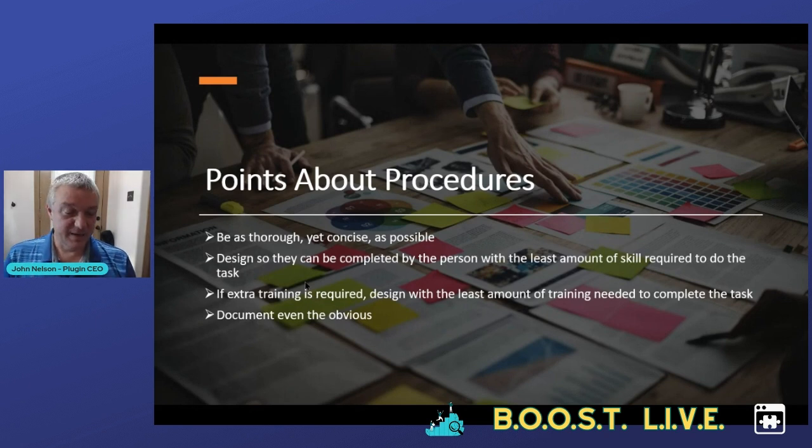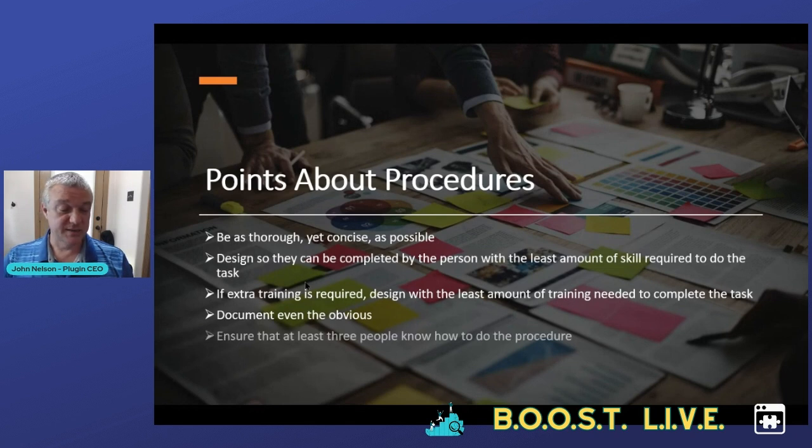Okay, it really is. And the final point with putting together procedures is to make sure at least 3 people know how to do the procedure. Any procedure you come up with. One of those could be a supervisor. One could be somebody at a similar level. One could be somebody from a completely different place who has enough time on their hands to deal with it.